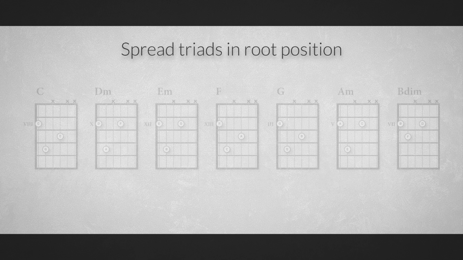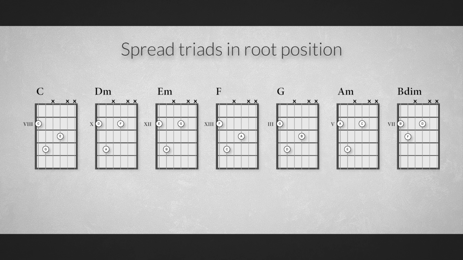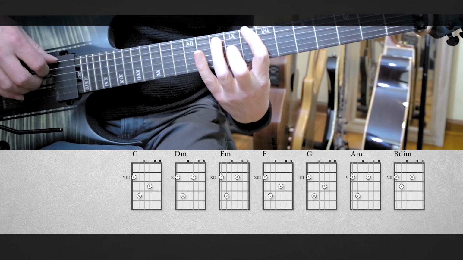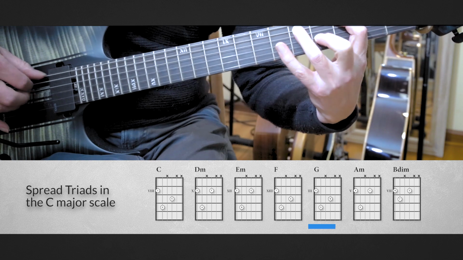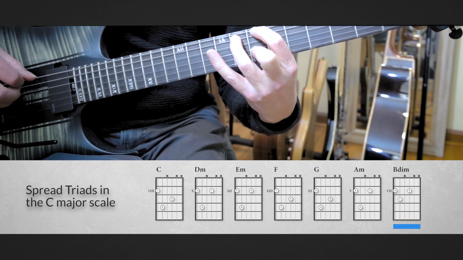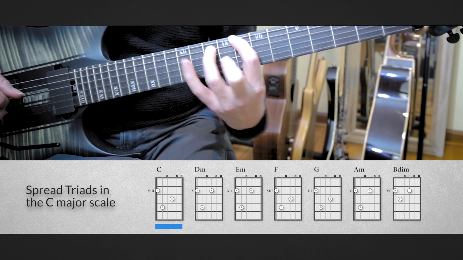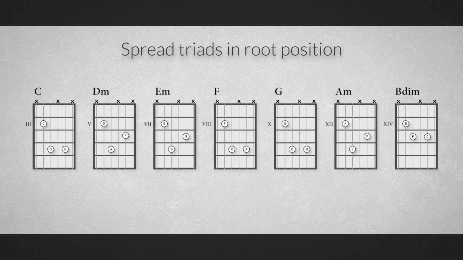All the spread triads in the root position in the C major key on the lowest 4 strings go like this. All the spread triads in the root position in the C major key on the middle 4 strings go like this.